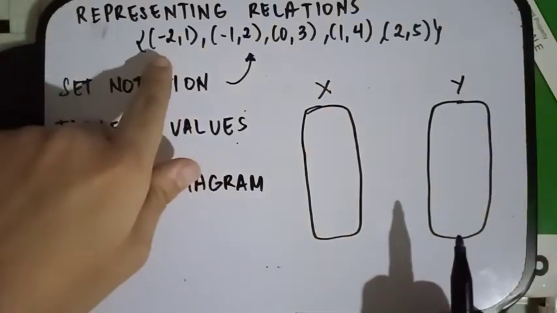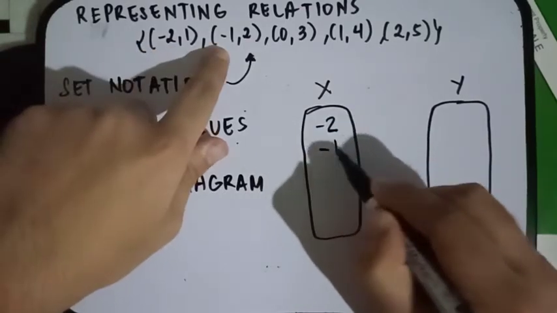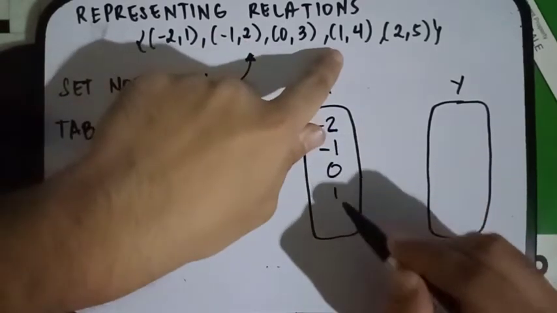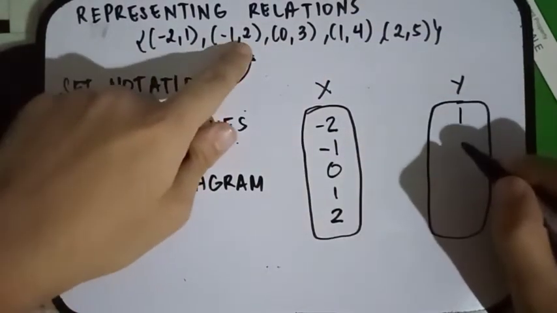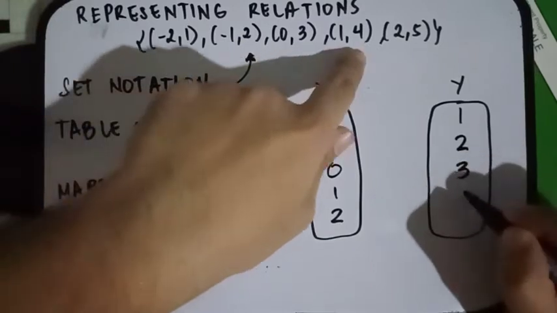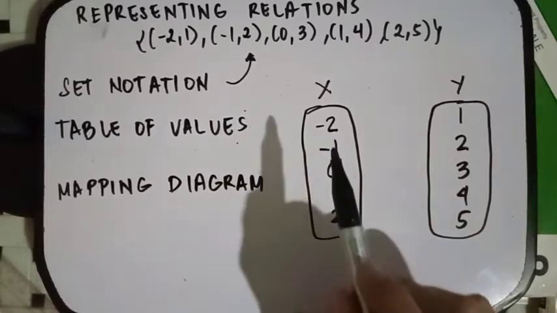So, yung domain natin is negative 2, negative 1, 0, 1, at saka 2. Tapos, yung range naman is 1, 2, 3, 4, 5. Ayan. So, ito yung domain. Ito yung range. Okay? And to create the relation, magdodrawing tayo ng arrow from one value of x to one value of y.